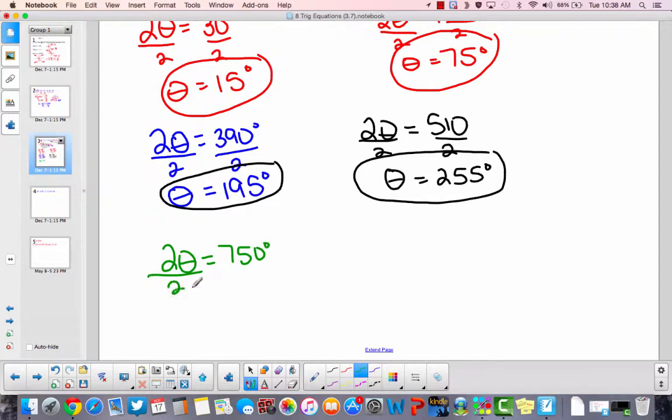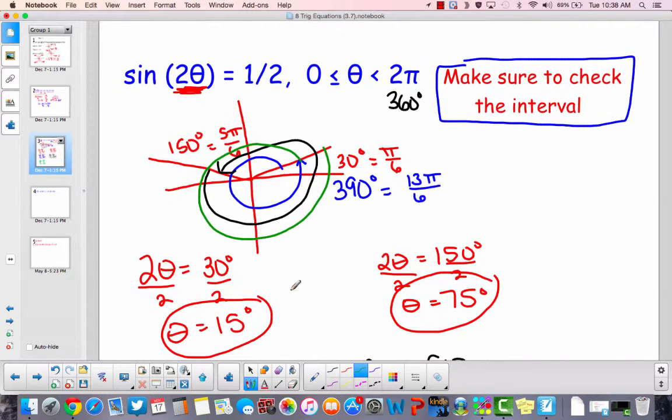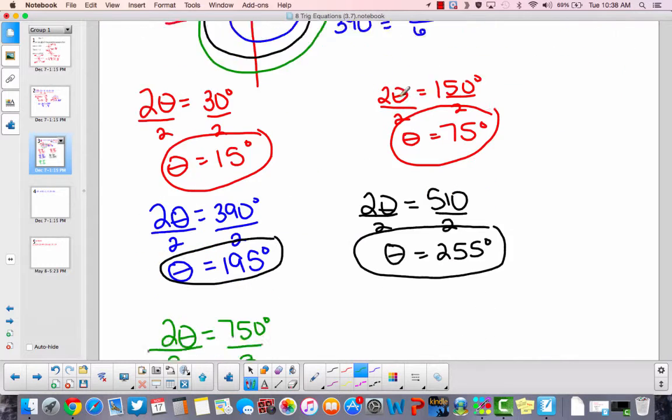If I divide both sides by 2, I get theta equals 750 degrees divided by 2, which would be 375 degrees. Now, is that still in our interval? No, it's bigger than 360, so we're done.